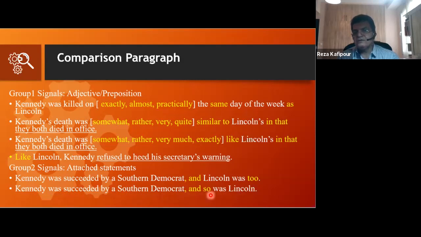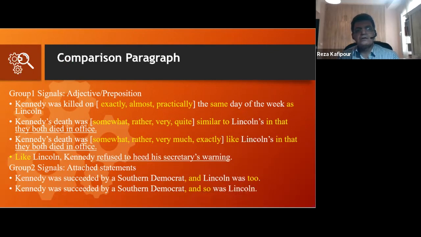When we use and so, first we need an auxiliary verb based on the first part of the sentence, and then the second object or second person that we are comparing. So these are two attached statements as the second group of signals. With too, we have the second object or person, auxiliary verb, and then too; or with and so, after that comes the auxiliary verb and the second object or person that we are comparing.